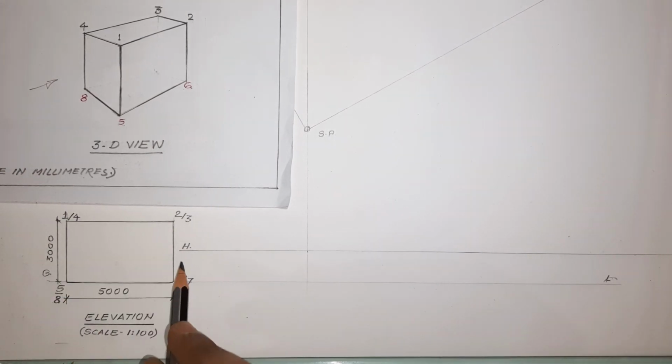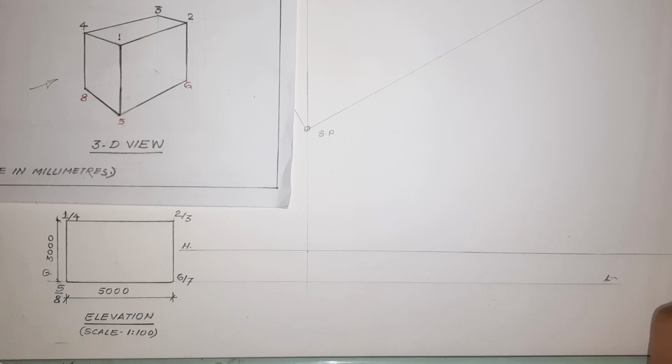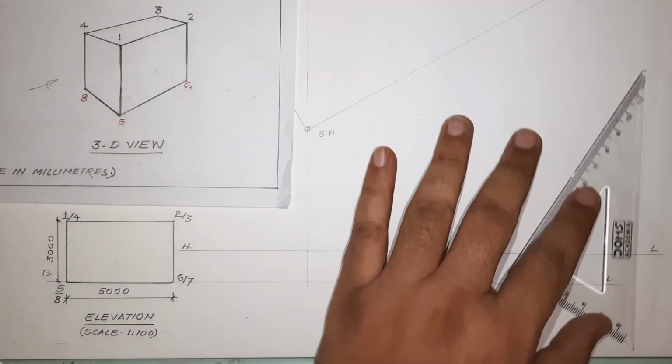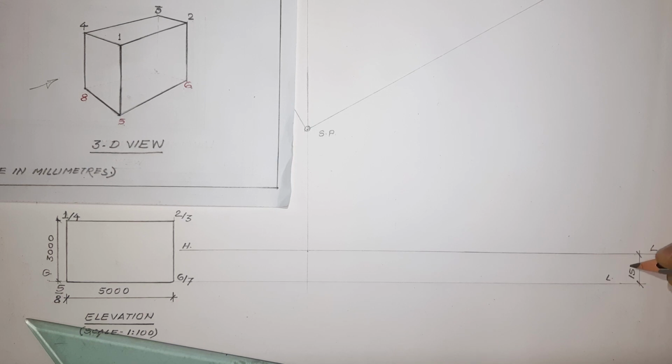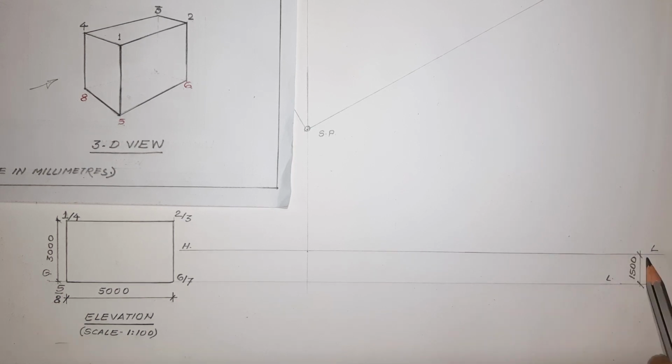So this is horizon HL. Thus HL, or horizon, or eye level, is taken at 1.5 meter height or 1500 millimeter height from the ground level.